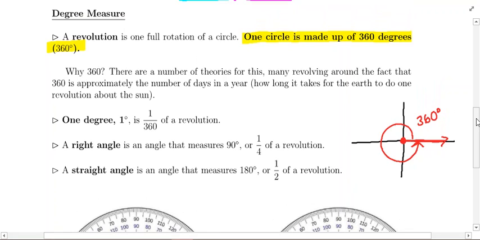One thing I want to mention about degrees: when you write down degrees, like up here we had 360 degrees, and right here we have 1 degree, you absolutely need to put the degree symbol. Why? Because like I said, we're going to be working in radians as well, and radians doesn't have units attached to it.